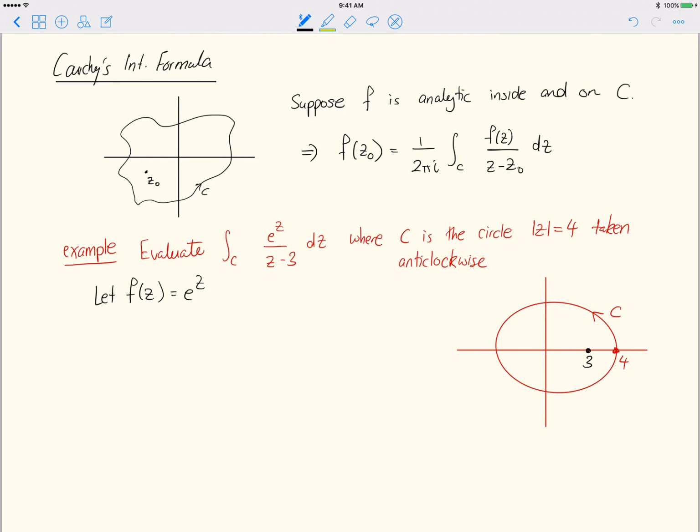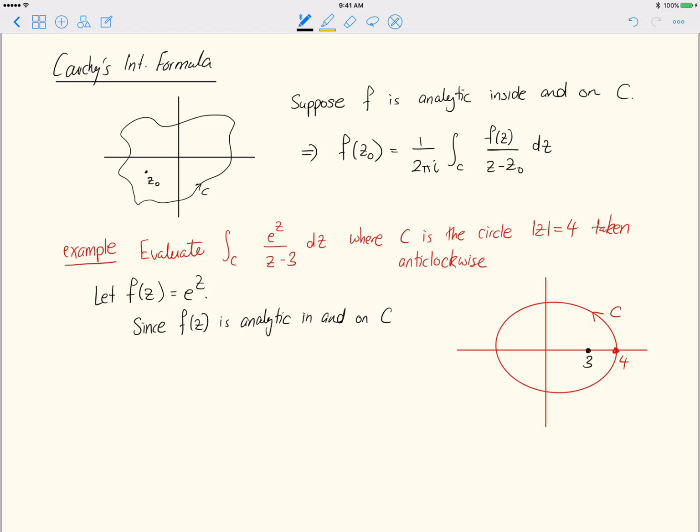So what you write, you say that since f is analytic in C, and not just in C, it has to be analytic in and on C. So how do I know this? Again, because the exponential function we know is entire, meaning it's analytic everywhere.